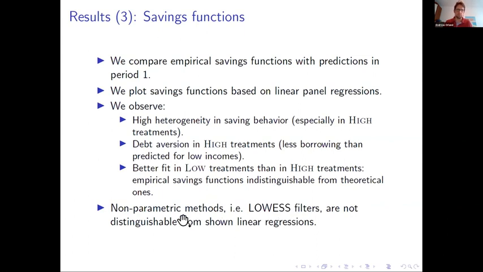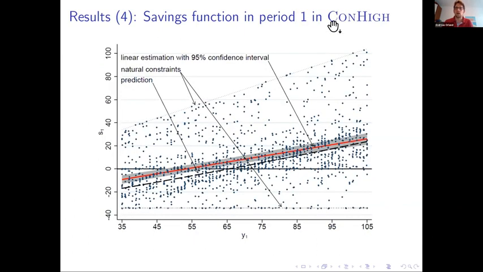And this is a pretty robust finding because the lowess filters are not distinguishable from the linear regressions. Okay, ConHIGH period 1. Lots of information. First of all, those are all the individual jittered savings decisions, 1,500, if I'm not mistaken.